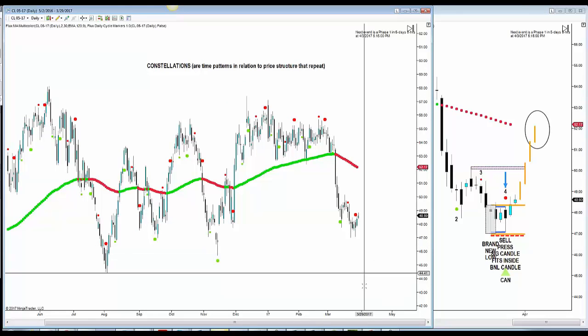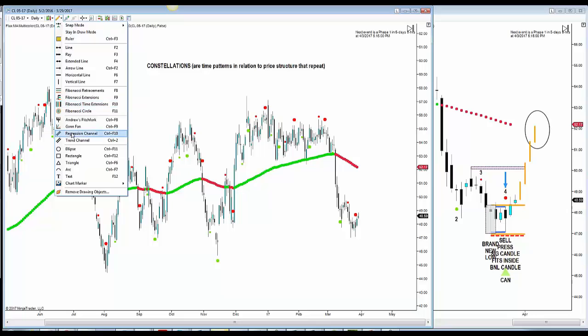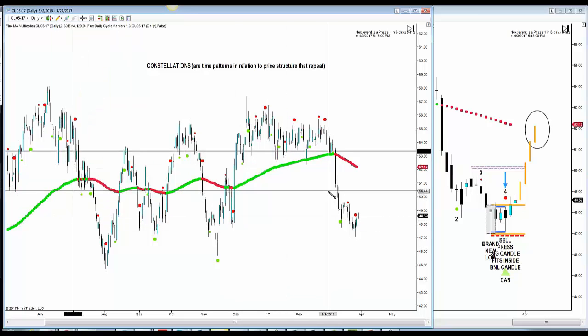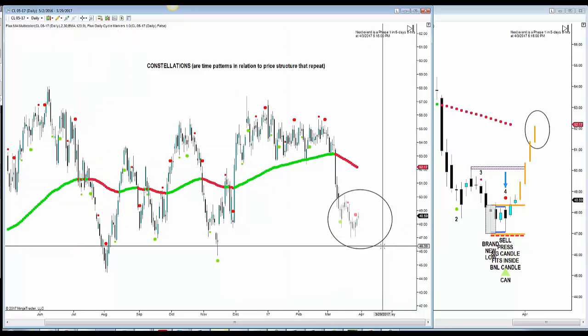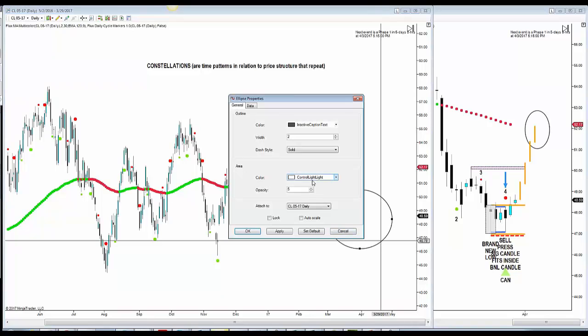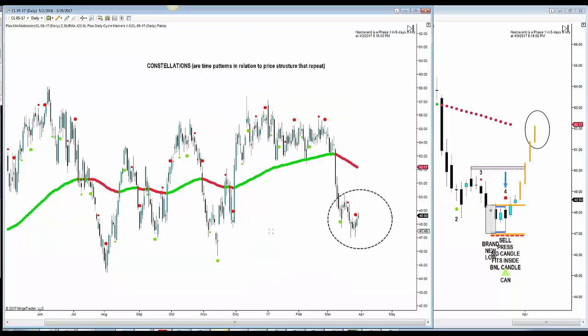So Derek, take a look at what just happened here. And I'm going to use a little circle tool. One, two, three, four, five. Apply.